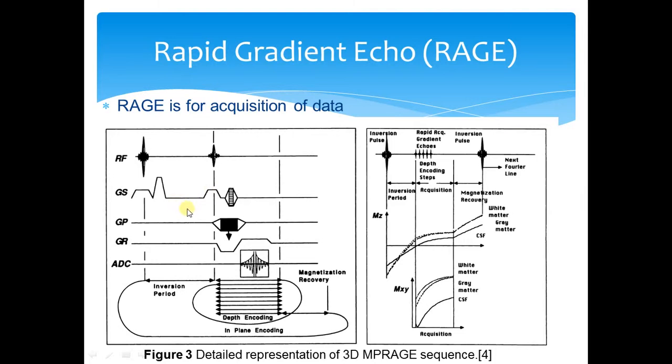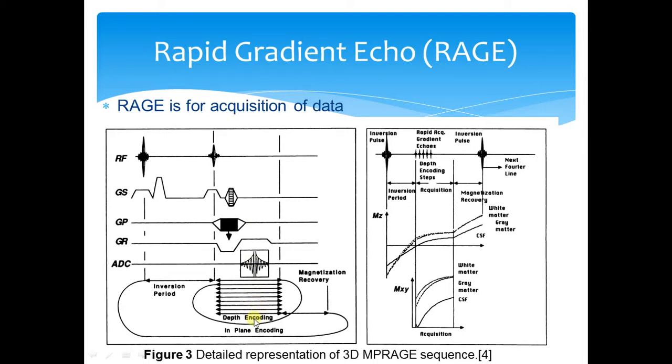For example, firstly, we use a 180-degree RF pulse, then wait for the inversion period. After that, a normal GRE sequence is used. Then we go to another phase encoding step. Then we repeat this until the whole plane is covered.